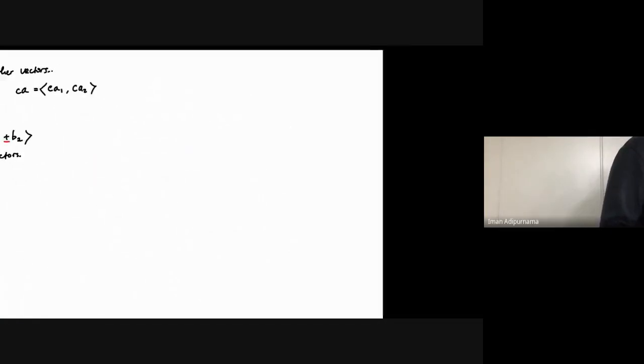Now, aside from the properties, we also have what's called the standard basis vectors.